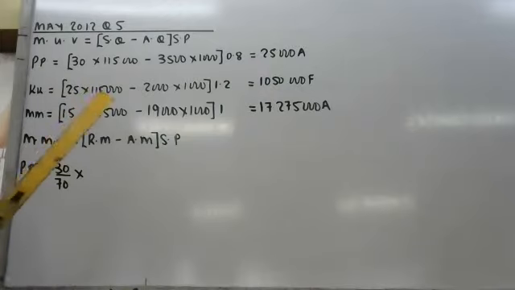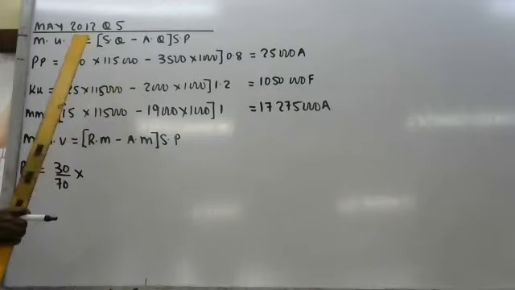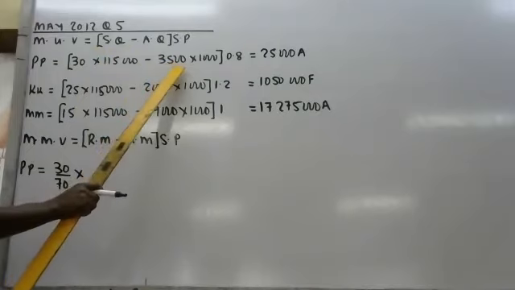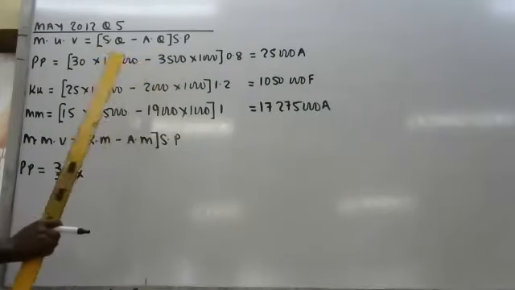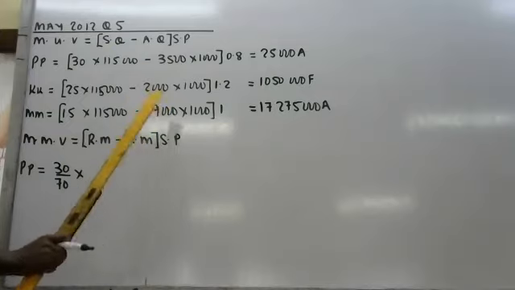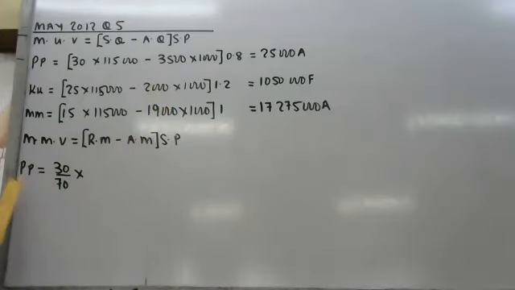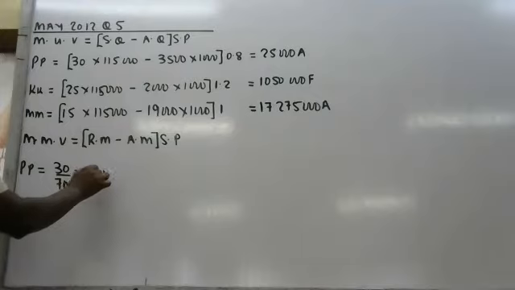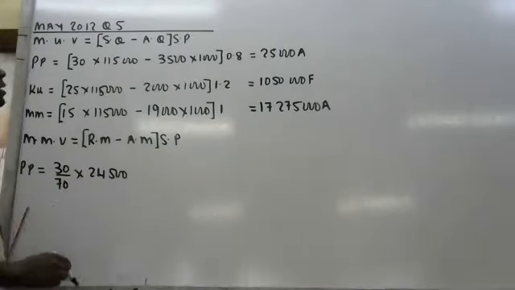Then add these actuals, that 500 plus 2,000 plus 19,000, which is 24,500.